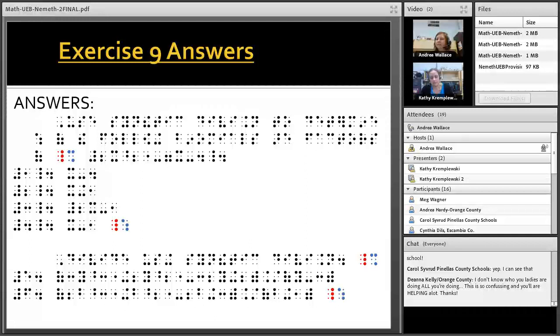I think a lot of that has to do too with just the latency and the decision of what they're doing with math and how they're addressing technical materials. And BANA kind of left it up in the air and said, hey, states, we're going to let you choose how you're going to implement this, whether you're sticking with Nemeth or UEB. Remember, BANA adopted the whole code of UEB. They didn't just adopt part of it.